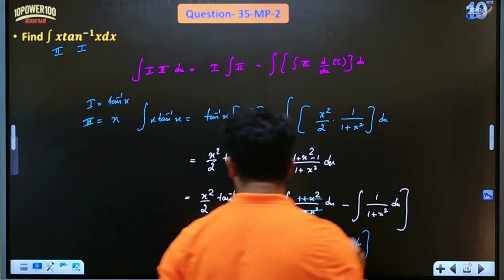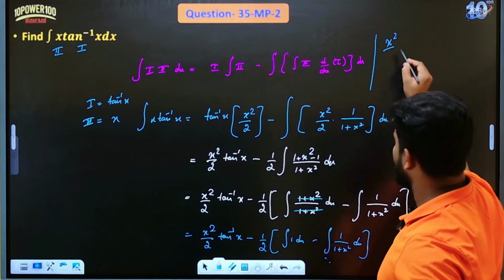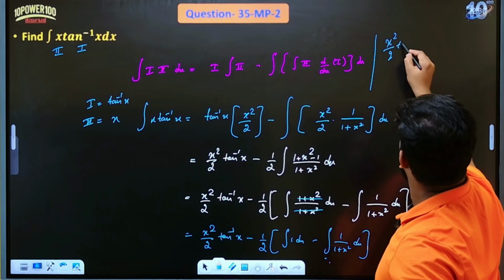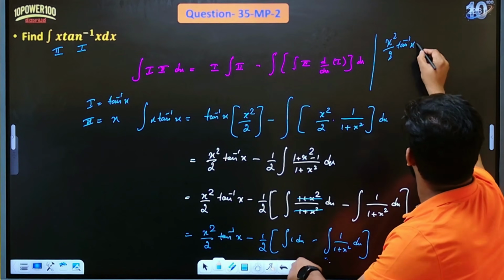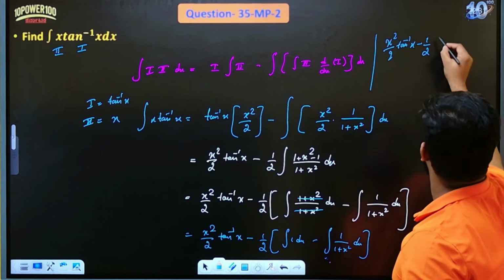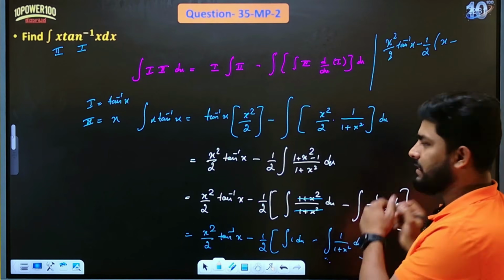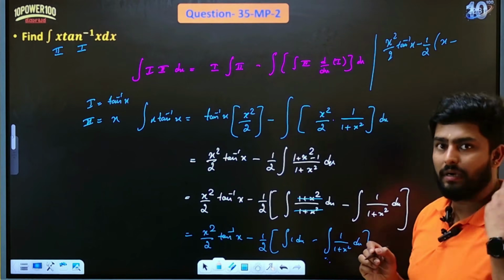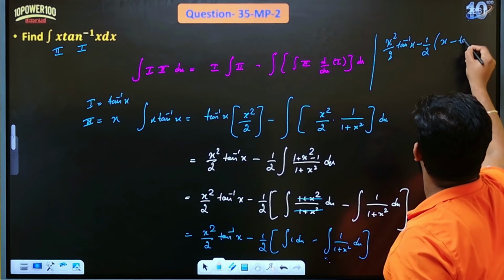I'm going to do it here. So x square by 2 tan inverse x, minus half into integration of 1. Integration of 1 is what, children? It is x. So x minus 1 by 1 plus x square. 1 by 1 plus x square is nothing but tan inverse x only.